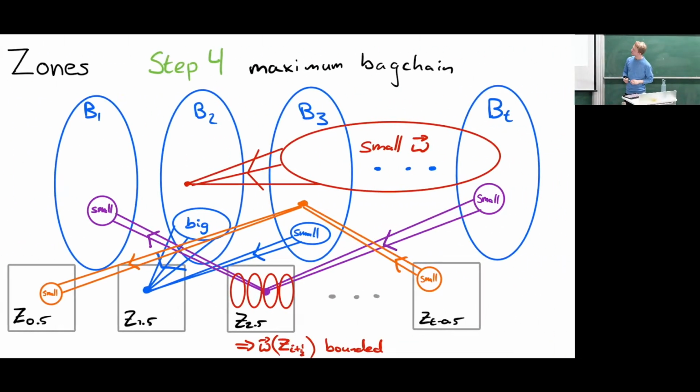So in fact, we know that each of these zones has bounded dichromatic number. Because if it has arbitrarily large dichromatic number, then we can find a large bag chain with exactly the right value for C, the dichromatic number of each of the bags. We can delete a couple of these bags and slot this in. But that contradicts the maximality of our original bag chain. So in fact, each of these zones has bounded dichromatic number.